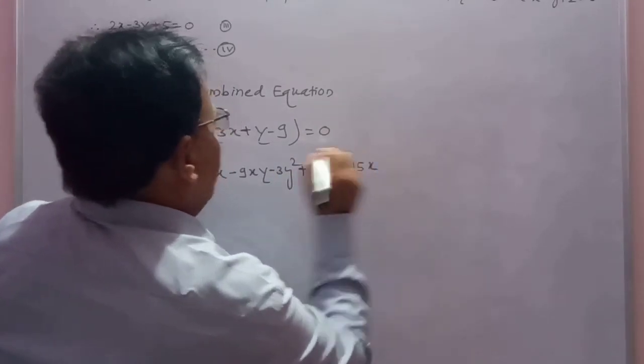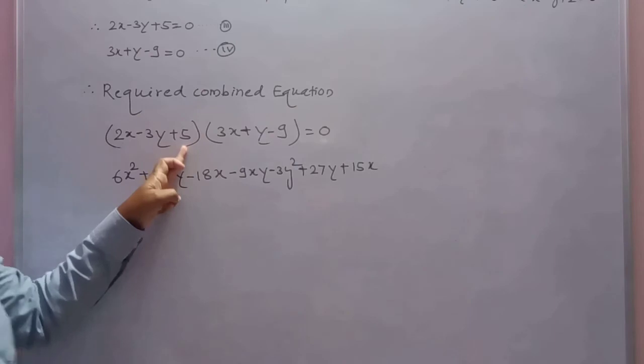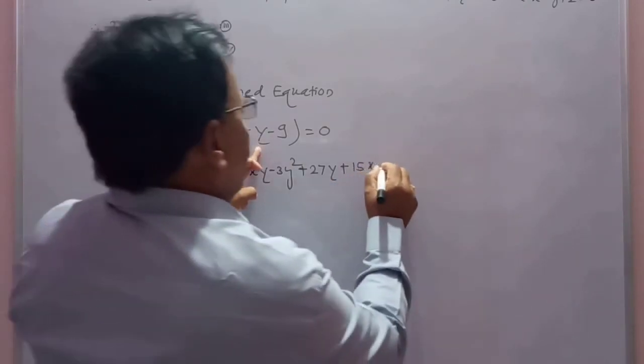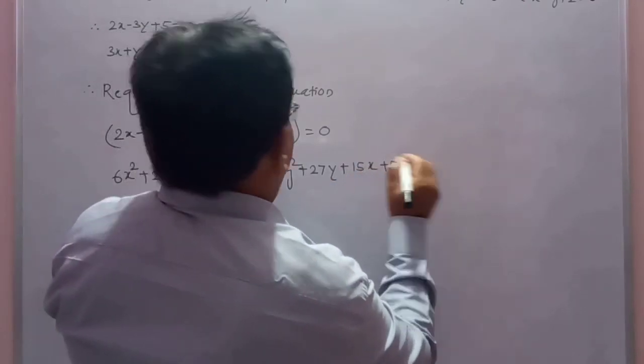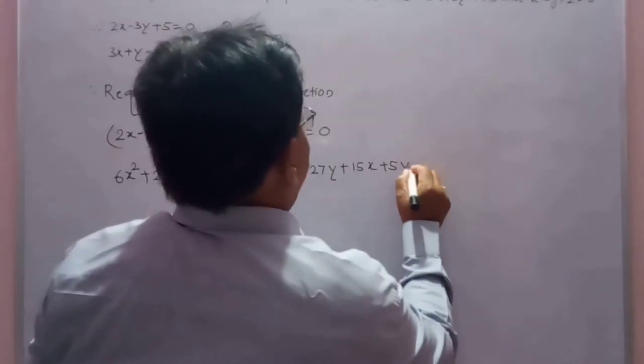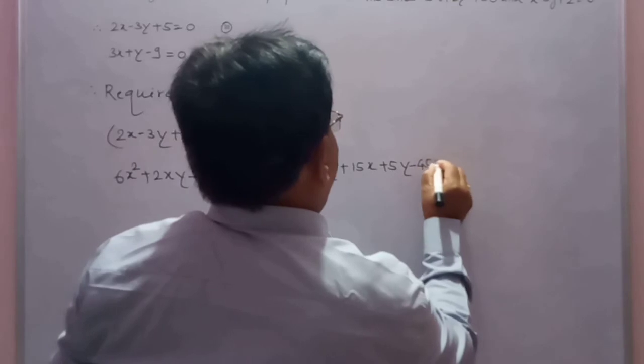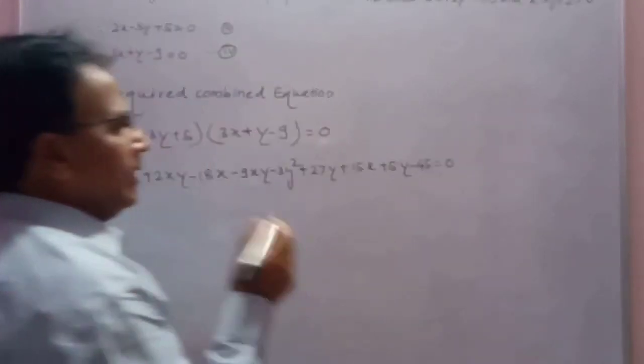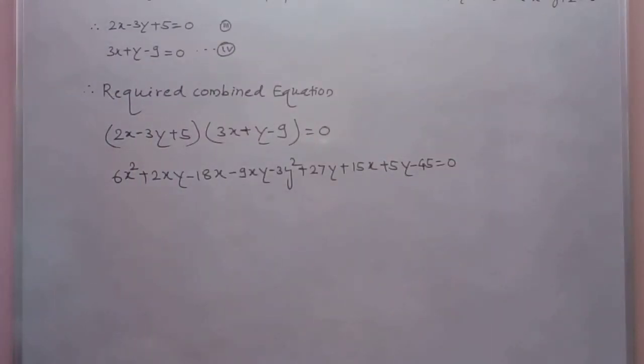We multiply 5 into y, 5y. We multiply 5 into minus 9, minus 45. Equal to 0.